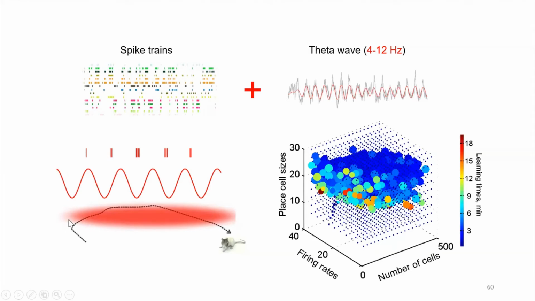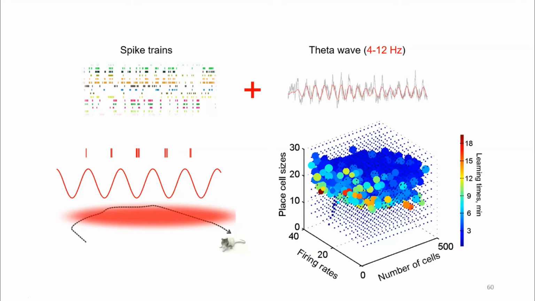And when the rat is running through the place field, it spikes in discrete places that are associated with specific phases of the theta wave. It's a kind of complicated process. And it's commonly believed, and there are many experiments that in different ways argue, that theta modulation of spiking activity is important for learning.